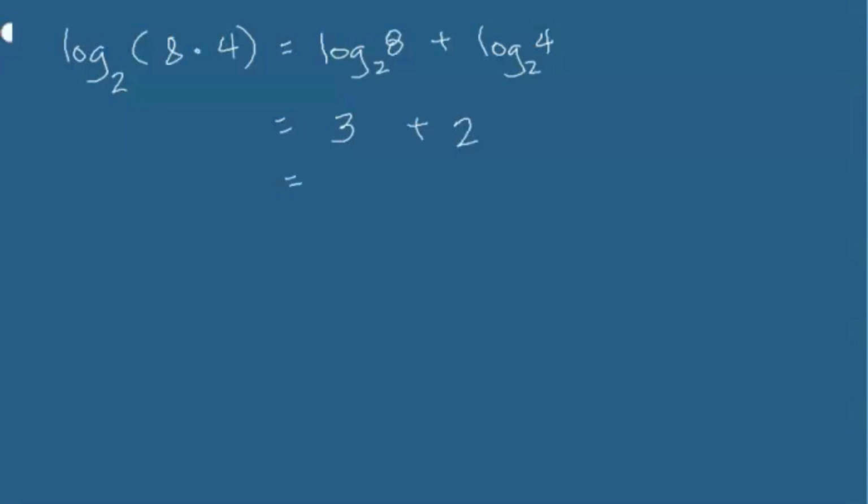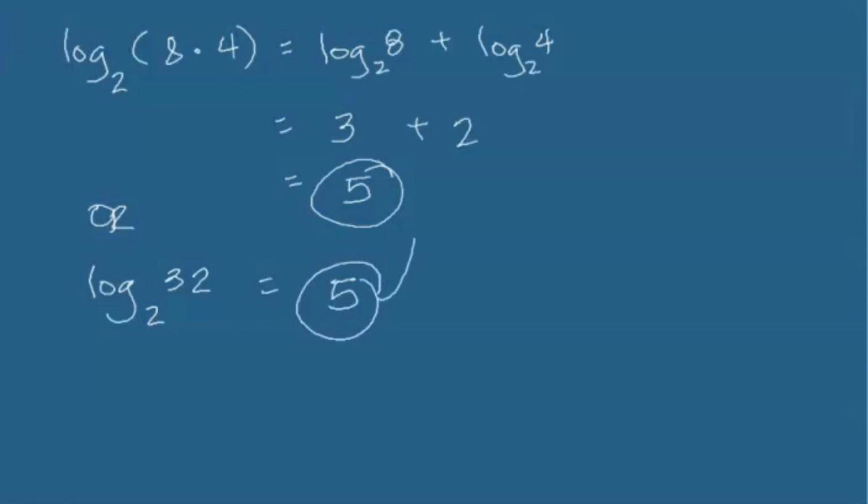So 3 plus 2 is 5. Or we can do the logarithm of 8 times 4, which is 32, to the base 2. What is the exponent of 2 to give us 32? That is 5. So we can do that.